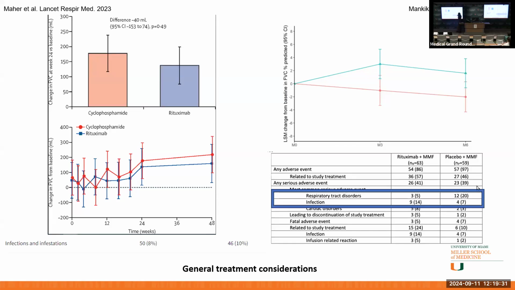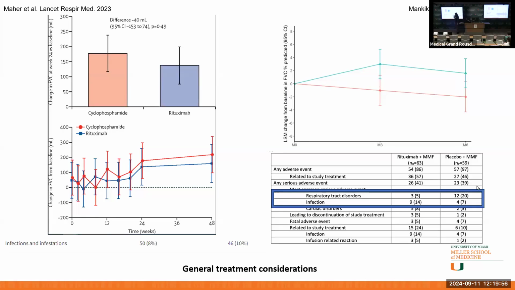And then this study on my right was looking at NSIP from any type of autoimmune cause. And it combined rituximab with MMF, so using dual immunosuppression together, and they found that there was a difference. Those on dual immunosuppression did better than those only on MMF without rituximab.